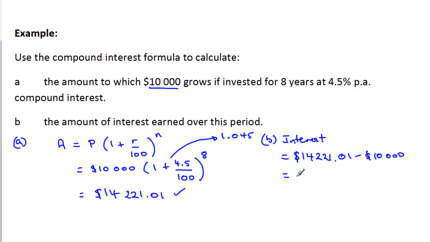And when we work that out, what we've earned is $4,221.01 in interest. So that's a very nice way. If we know that formula, that is a very, very nice way to work out the compound interest that is earned on our investment.